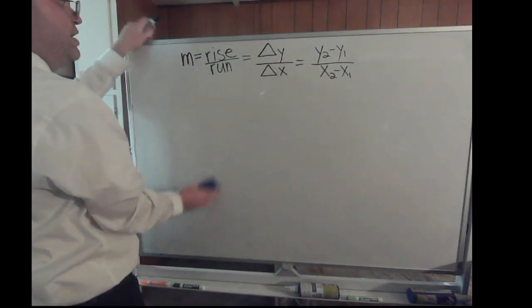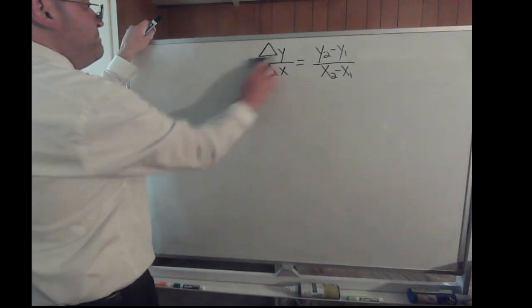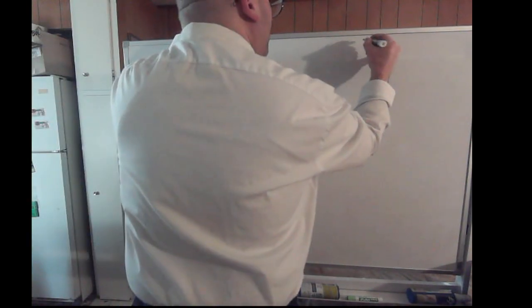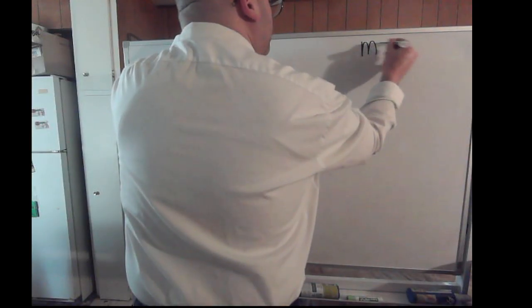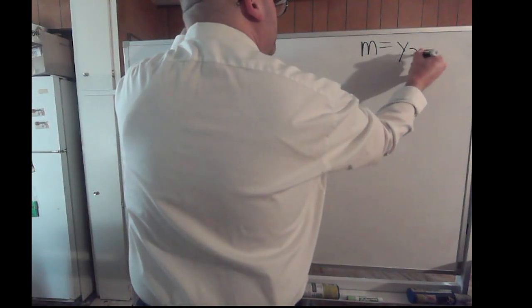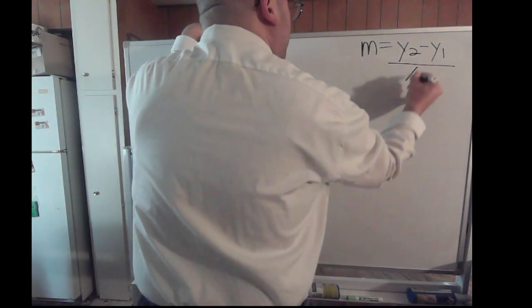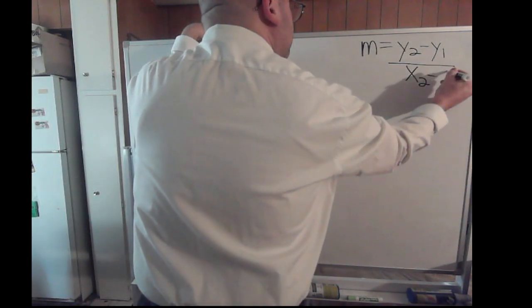That's what that really breaks down into. I'm going to put this over to the side here. We will have m equals y2 minus y1 over x2 minus x1 for the slope of a line.